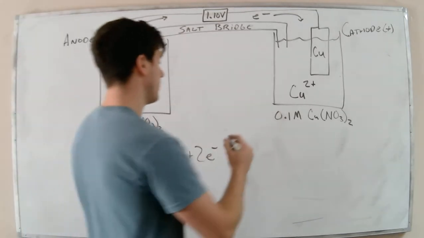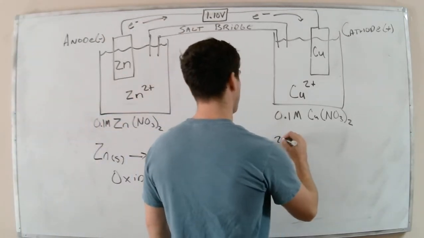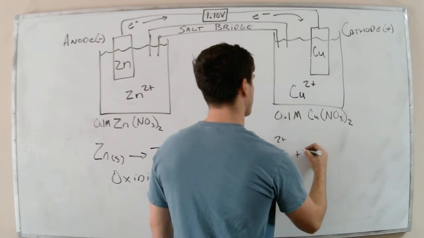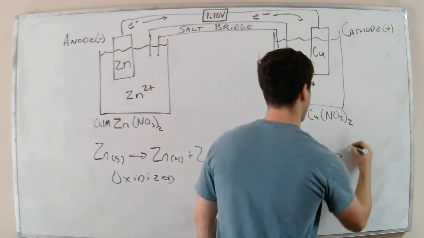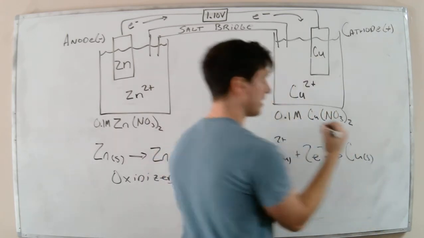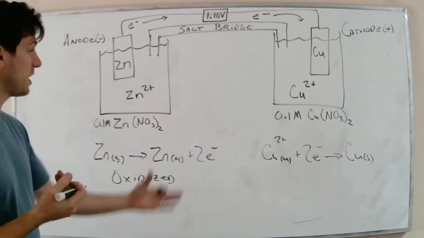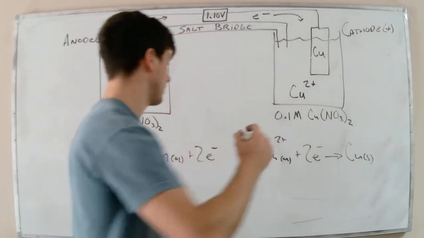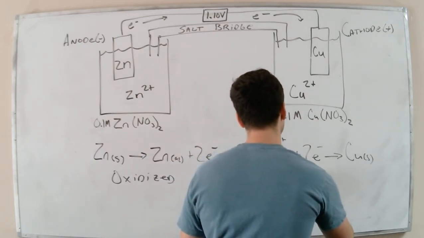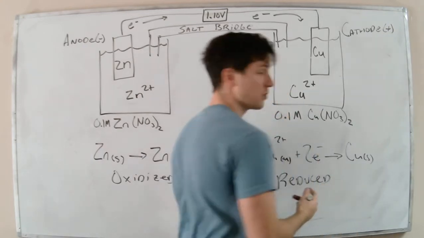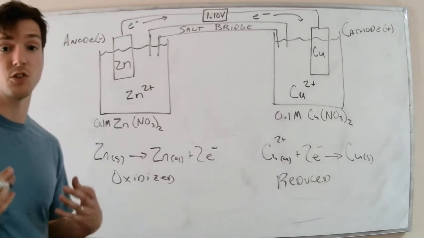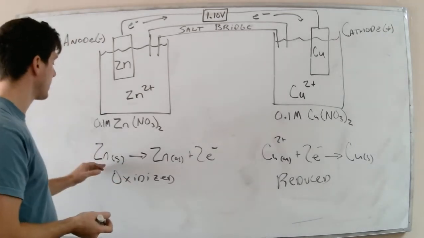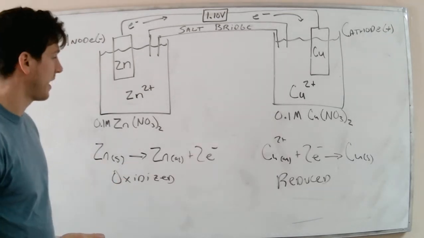Well, on this side, it's copper 2+ aqueous. It is receiving those 2 electrons and becoming copper solid. So here, copper is gaining electrons. Remember, gaining electrons is reduced.